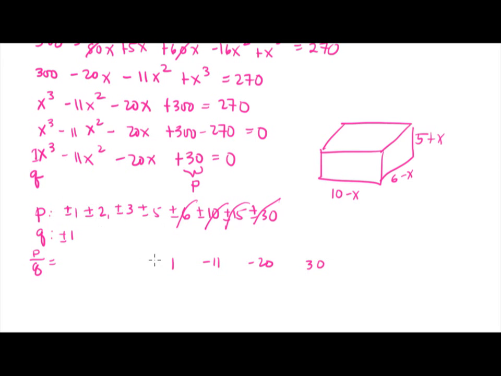Now just to save time for the video, I'll be using the number that I know will work, but during the test you really have to try each number. So I'll try 1. So 1, bring down 1 for synthetic division, then you multiply, you get 1.